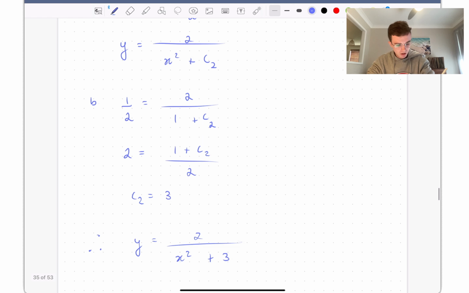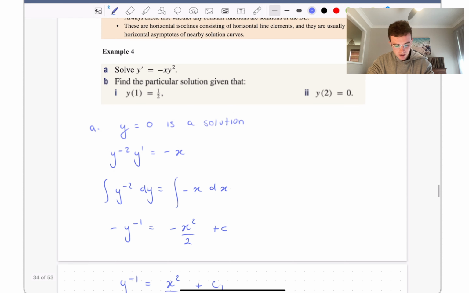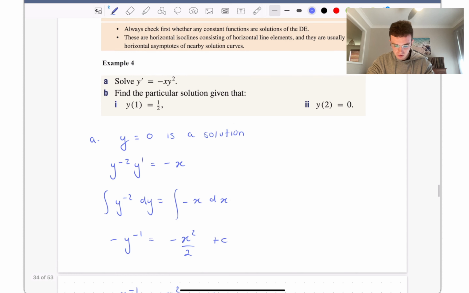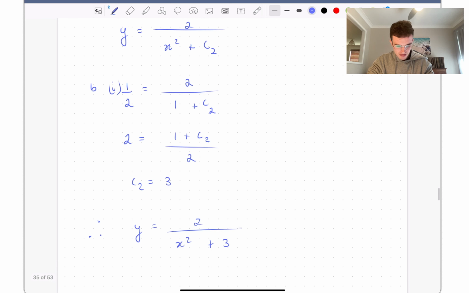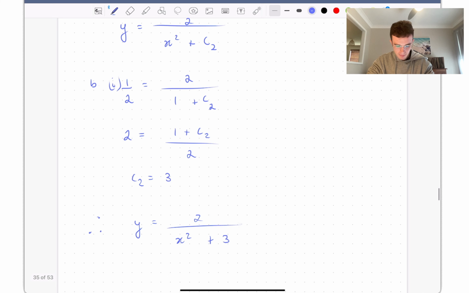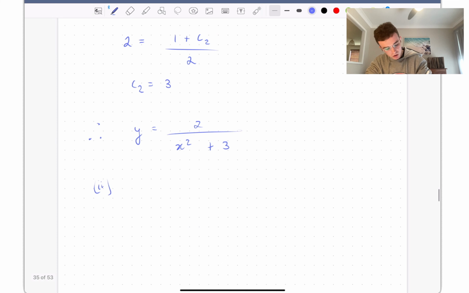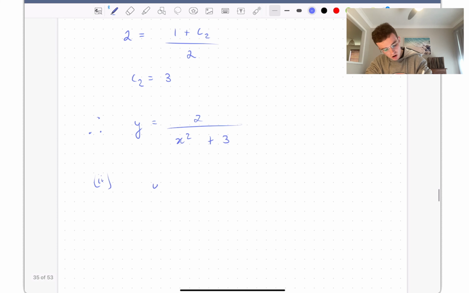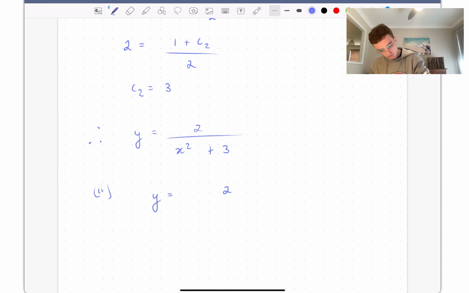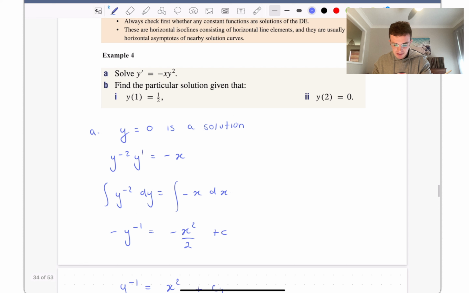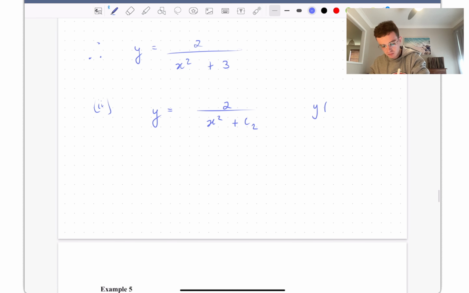That's part 1. Now part 2 I think I remember was a bit funny. Y2 is equal to 0. So our general solution was that y is equal to 2 over x squared plus some constant. And we're substituting in the condition y2 equals 0.